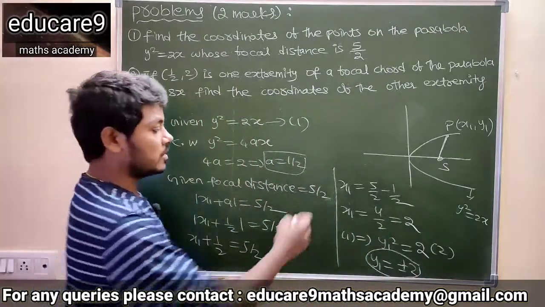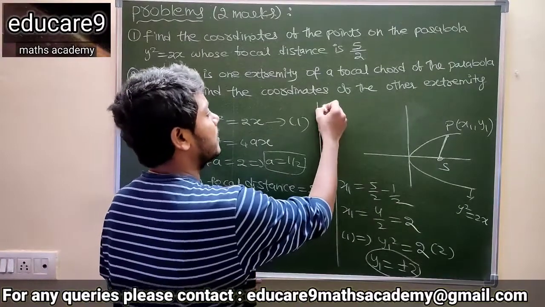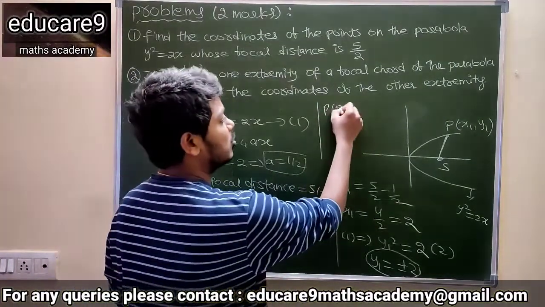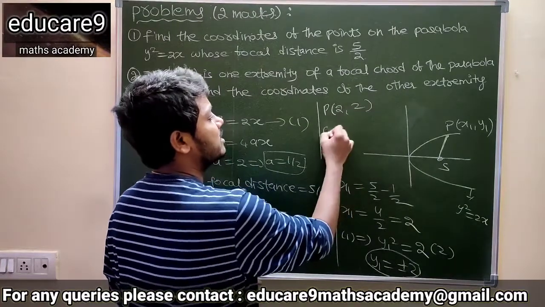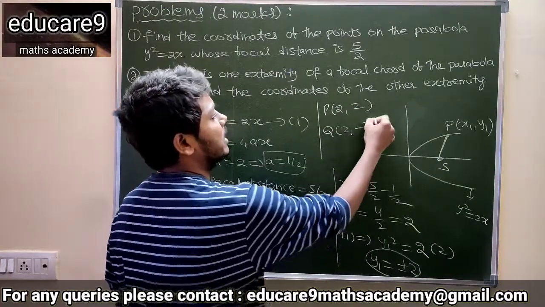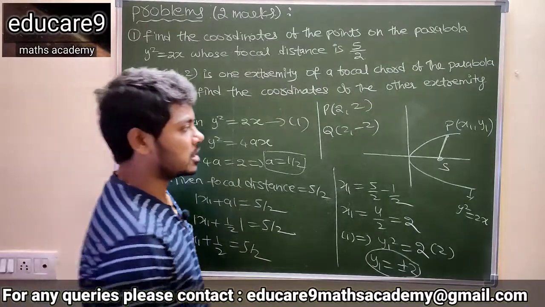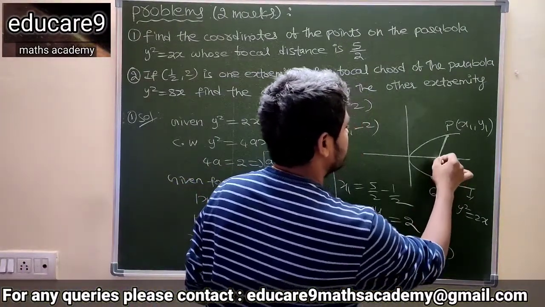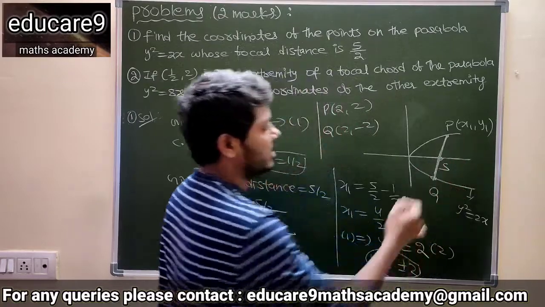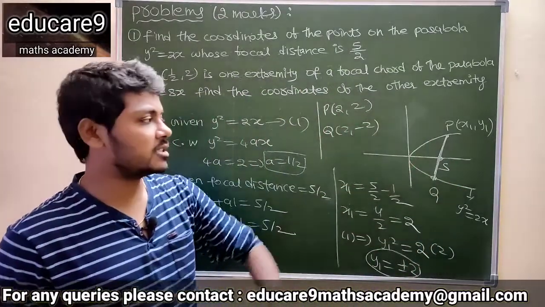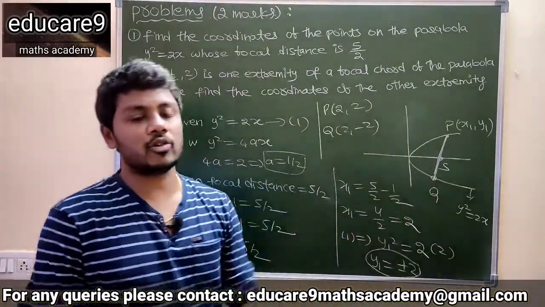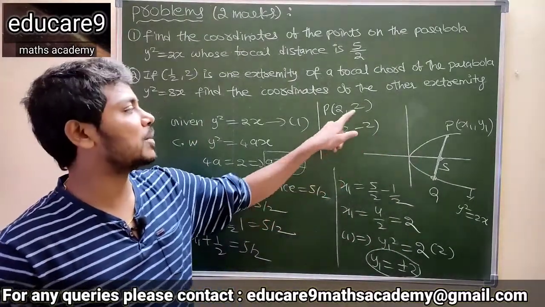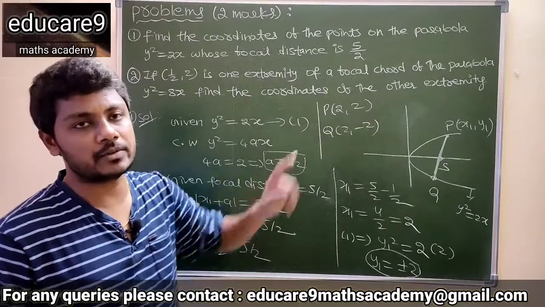Therefore P is x1 comma y1. One point is 2 comma 2 and the second point is 2 comma minus 2. Suppose that is the point Q. Here SP is the focal distance, and SQ is also a focal distance. Therefore the coordinates of P and Q are 2 comma 2 and 2 comma minus 2.